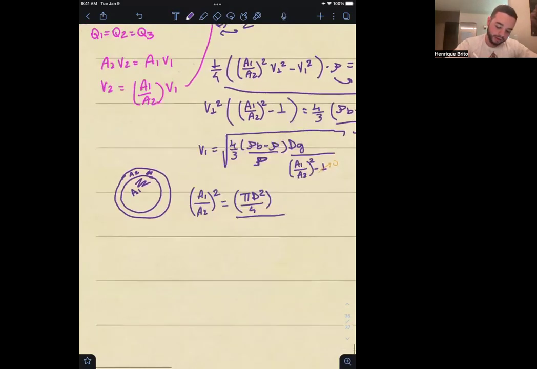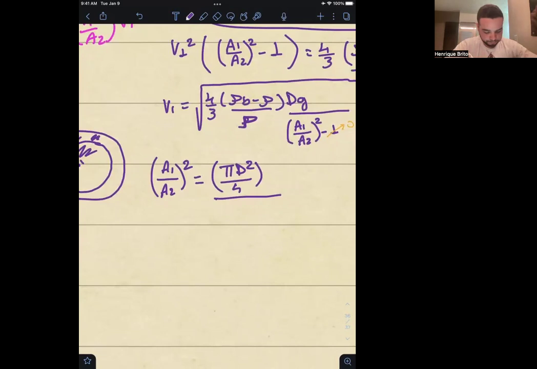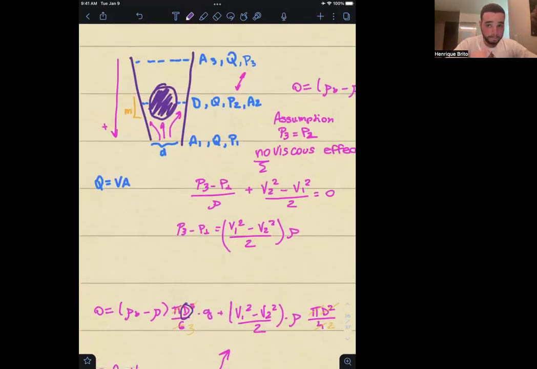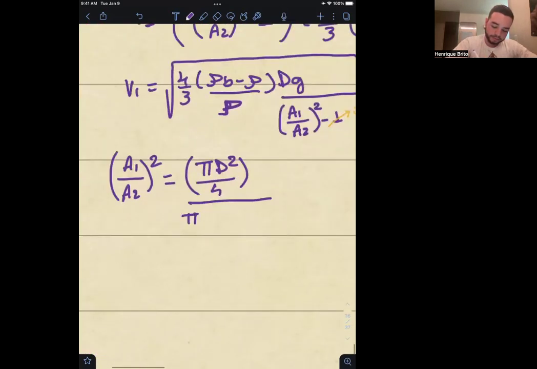Remember, as I said, A2, we have that difference, so that's what we have to account for. That difference would be the D, which is the ball. Okay, so we have the ball. So d squared over 4 minus something over 4.